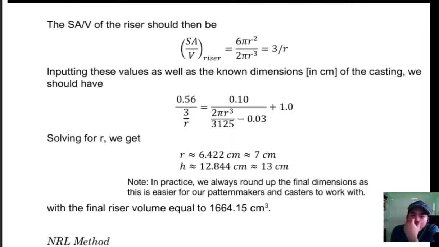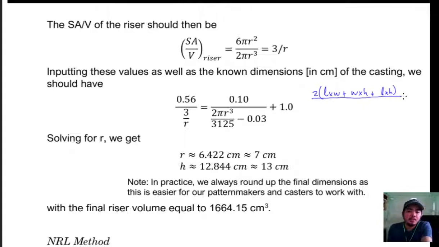Tapos, since known naman yung volume ng casting natin, then we can just compute it. Yung casting kasi natin, yung surface area over volume niya is just equal to length times width plus width times height plus length times height, no? That is times 2 lahat, no? Tama? Because you have two surfaces.